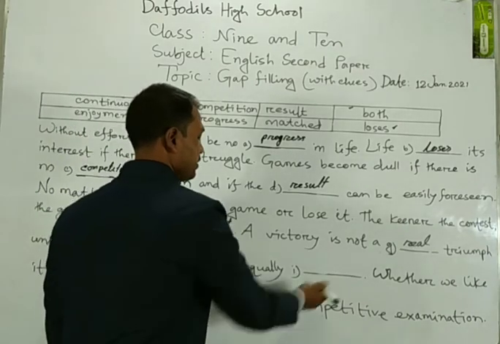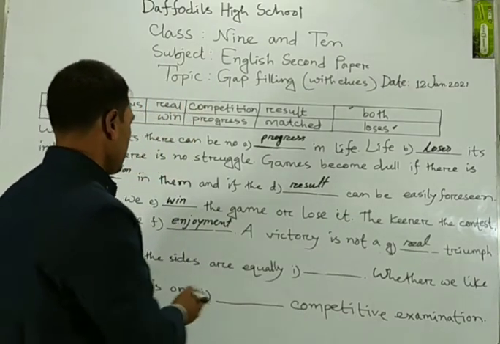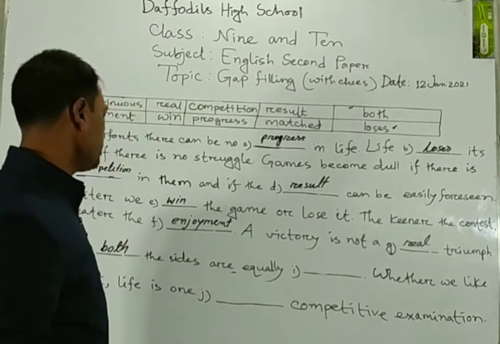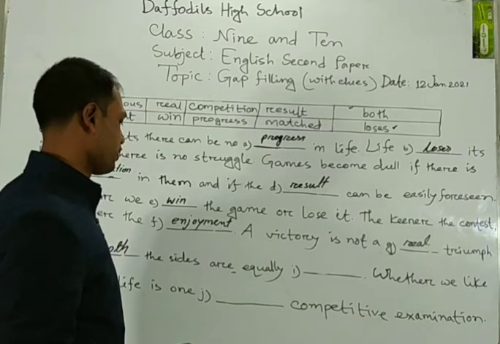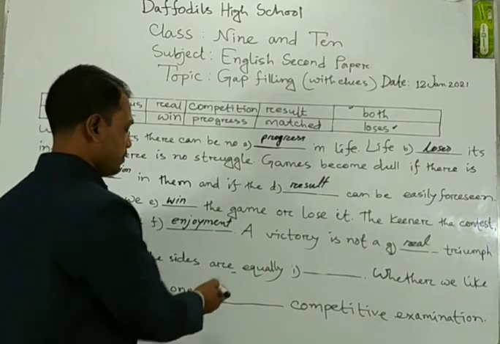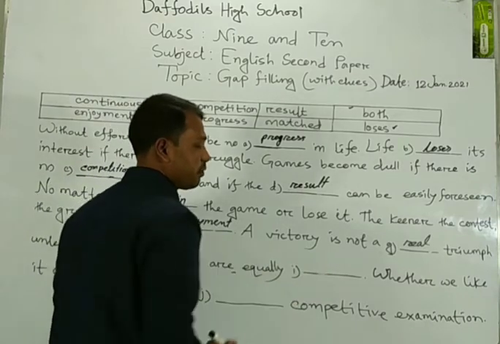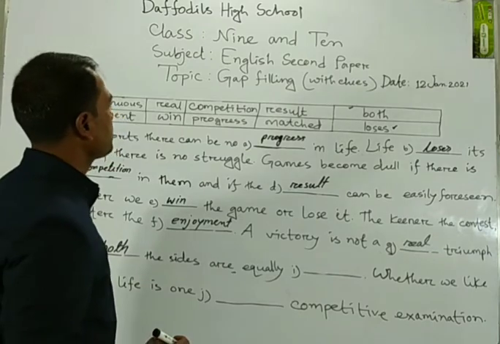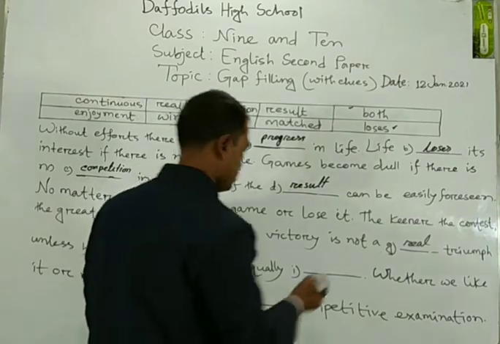Look at this next gap. Here a be verb is present, and we know that usually we use the past participle form of a verb after the be verb. As this is a be verb, we can use in this gap a past participle verb, and the past participle form of a verb that is present in this box is matched.